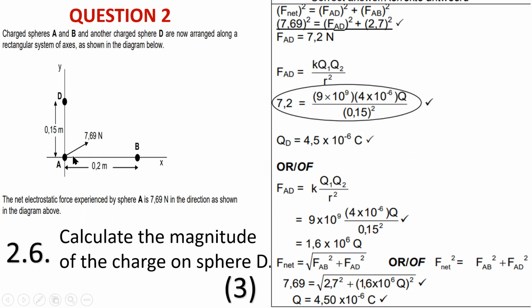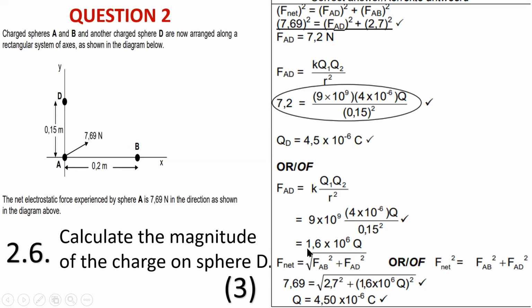So FAB this way, FAD the other way. And when you square and add them, you're getting 7.69. You are getting FAD first. When you get FAD, you can say K times QA times QD over R squared, so you are just calculating QD from there. Or you can say FAD is equal to K times Q1 times Q2.